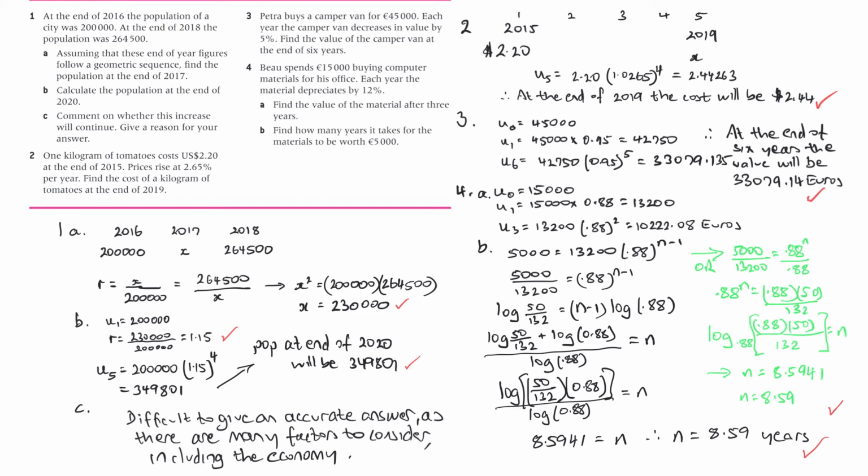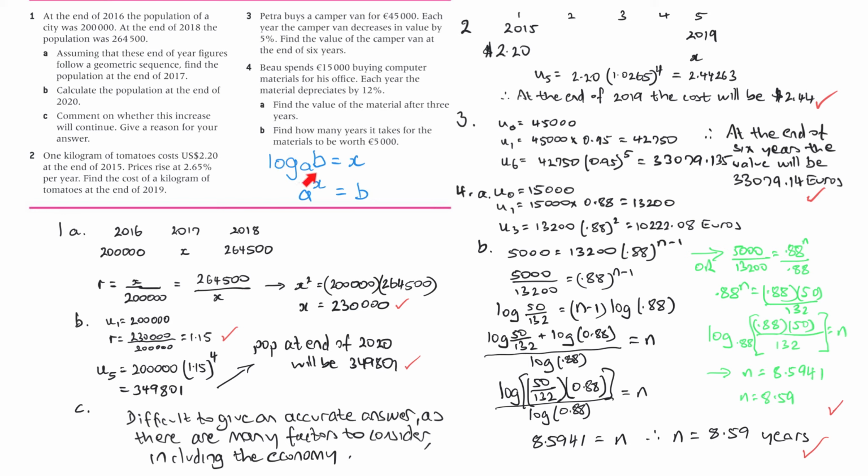Let me just go through that in a bit more detail, just to show you that this line here and that line are the same. Okay, I've written this up here, and these are equivalent.